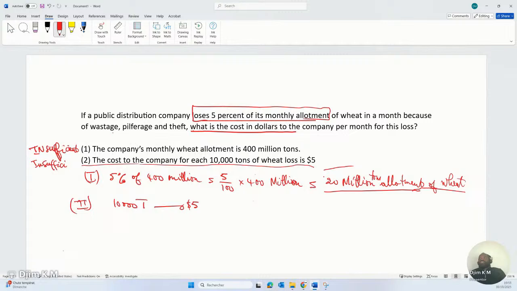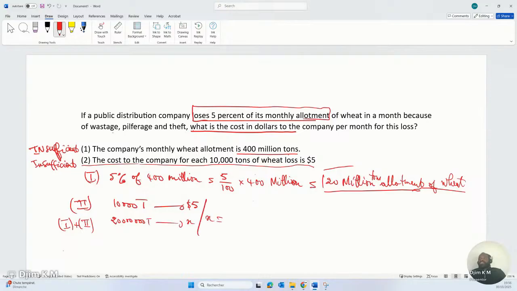But when we take the two conditions together, then we have all the information that we need. We have the monthly wheat allotment, which is 400 million tons. We can deduct the 5% of loss, which is 20 million here. And the second condition tells us that 10 tons loss is equal to $5. Then 20 million will be how much?